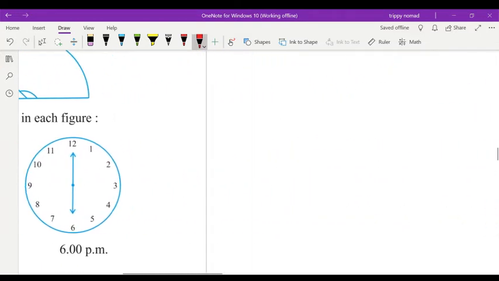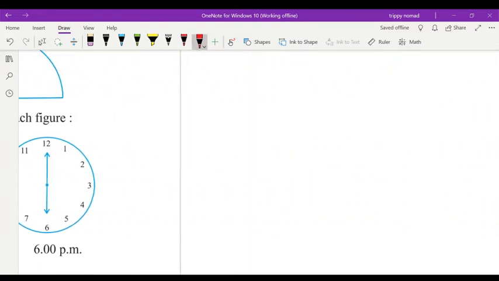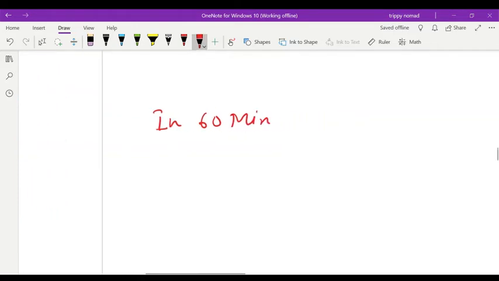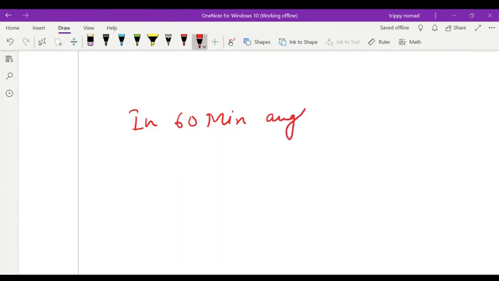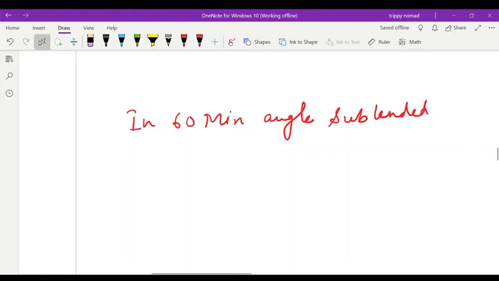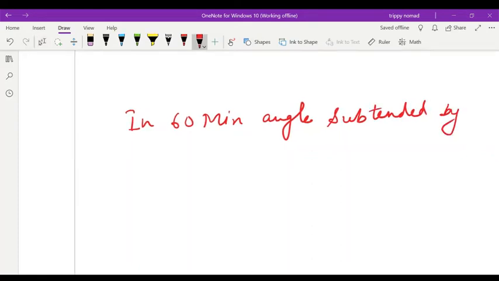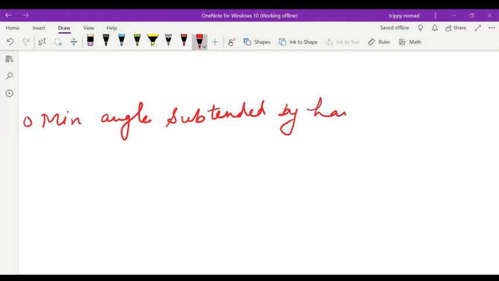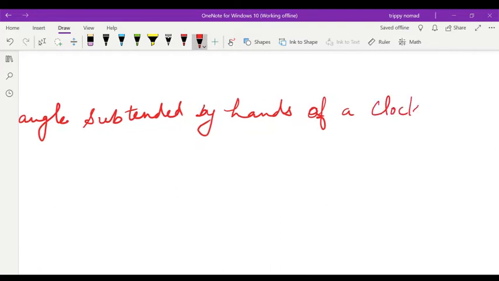Okay, so I am writing for you: in 60 minutes, the angle subtended by the hands of a clock is 360.